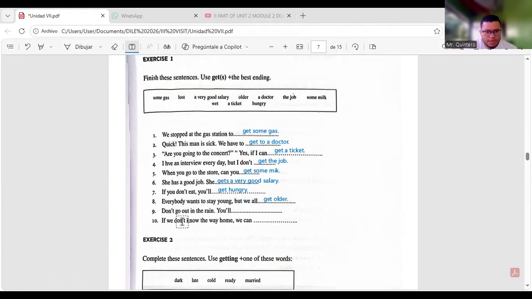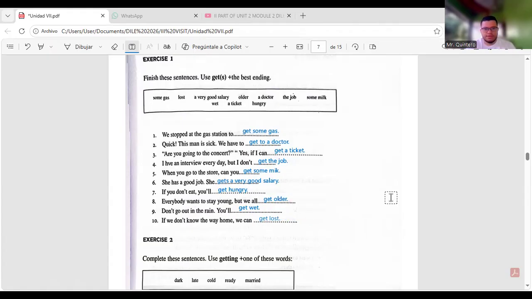Don't go out in the rain, no vayas afuera porque llueve, you'll get wet. Tú te mojarás. Y el último, if you don't know the way home, si tú no conoces el camino a casa, we can get lost. We can get lost.